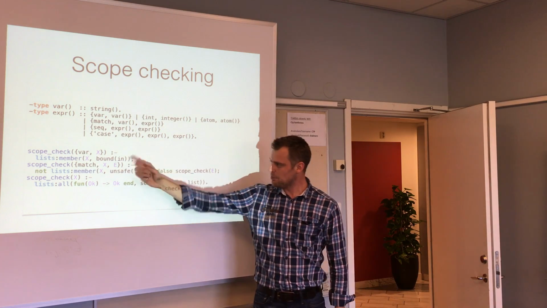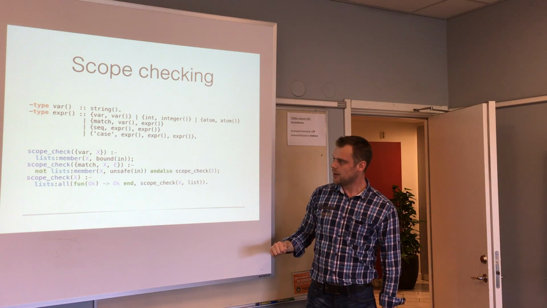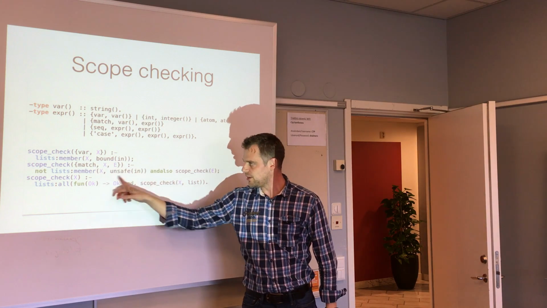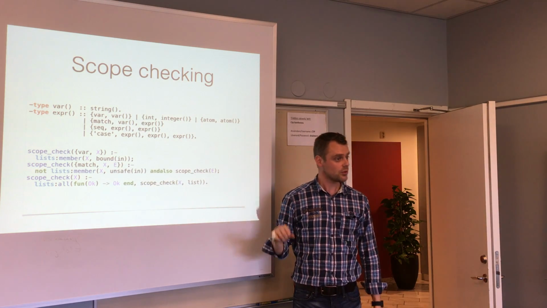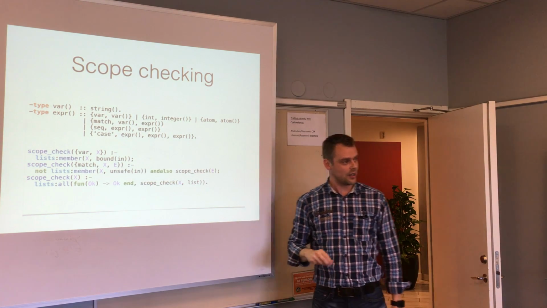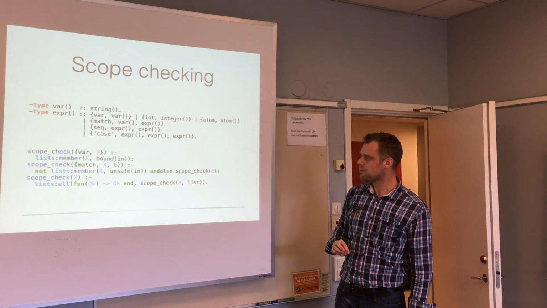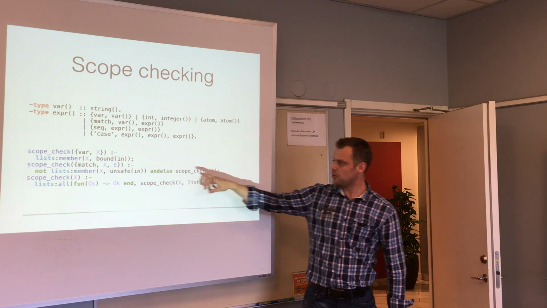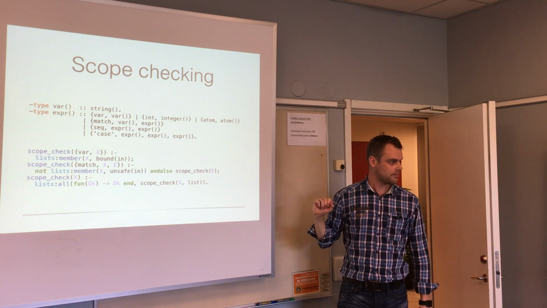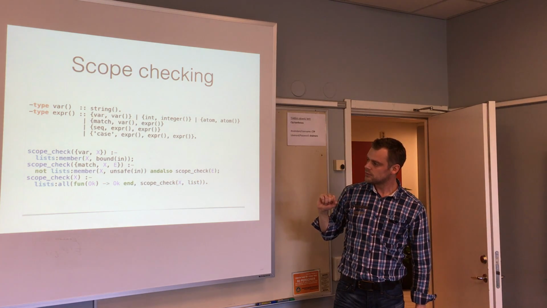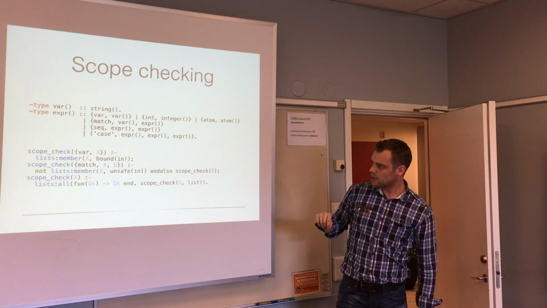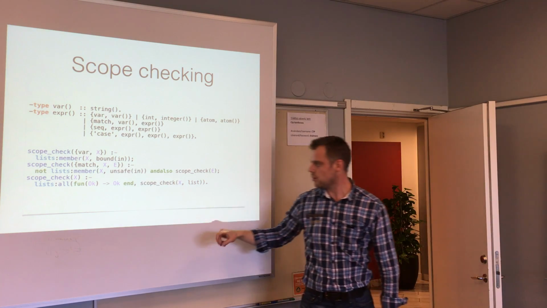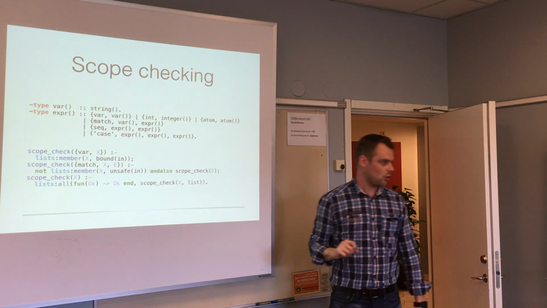In case of a match, X had better not be unsafe. You've seen that error message now and again, I guess. And the expression of the match should also scope check. The general rule says everything should scope check.